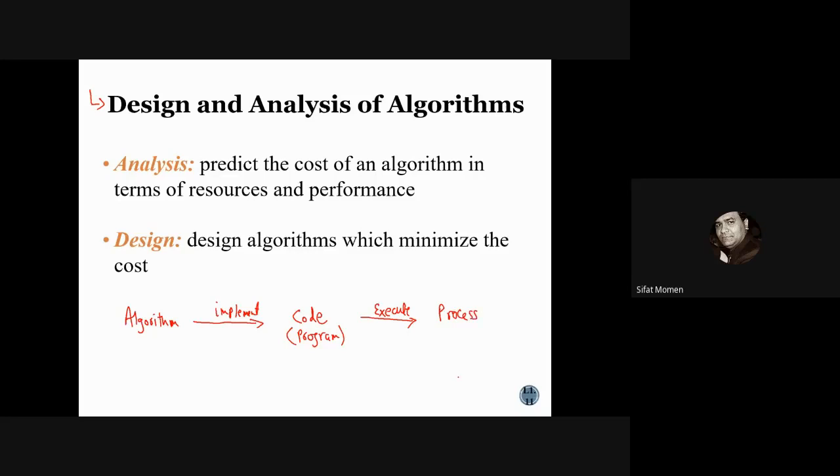Okay, it's now called a process. Is it clear? Yes? All right. Now when you are running this program, when the program is in execution, we call it a process. That's also a program, but we just call it a process.